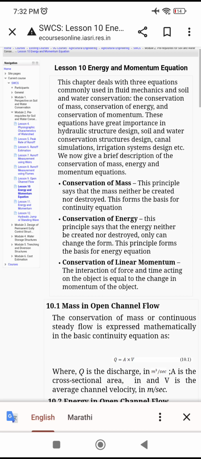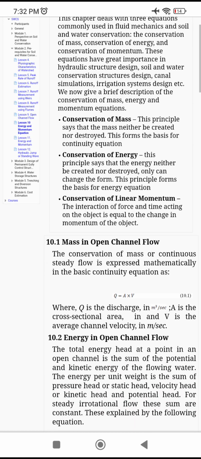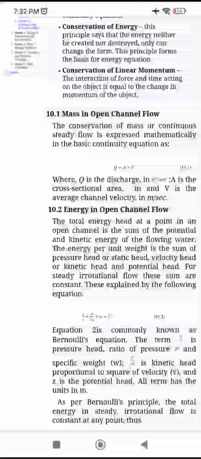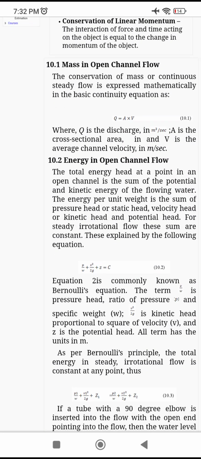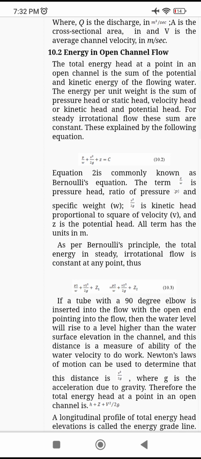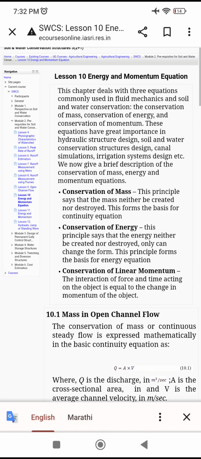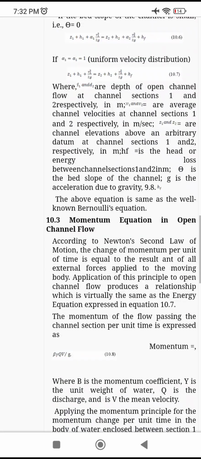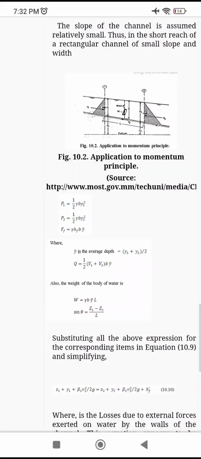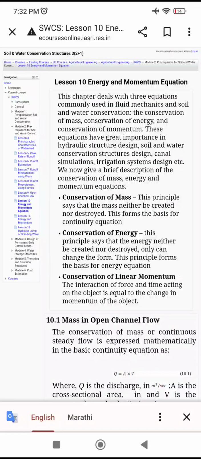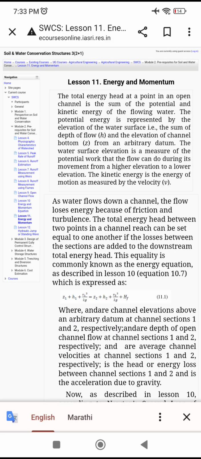Now energy and momentum equation, conservation of mass in open channel flow, Q is equal to A into V. Energy in open channel, this is the equation P by W plus V square by 2G plus Z is equal to C. Then the momentum equation in open channel flow, this is not that much important, so we will go for energy and momentum.